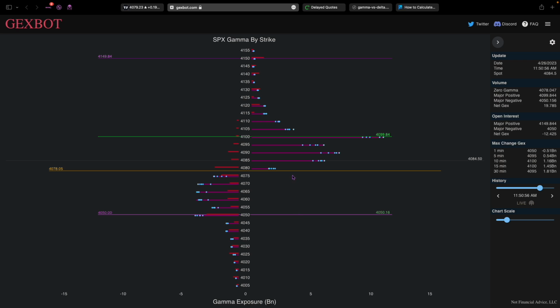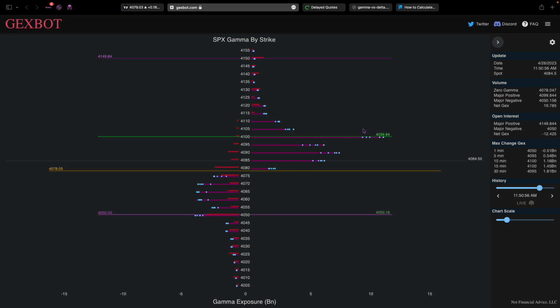And what GEXBOT has noticed, what I've noticed as well, is that this particular methodology actually gives you a very, very solid idea. And you have to use a little bit of your intuition. So for instance, if I see that this 4100 call strike is growing in volume, which it has been, and at the same time spot price is falling away from it, then it makes sense to infer that a good number of those transactions are likely sells, right?